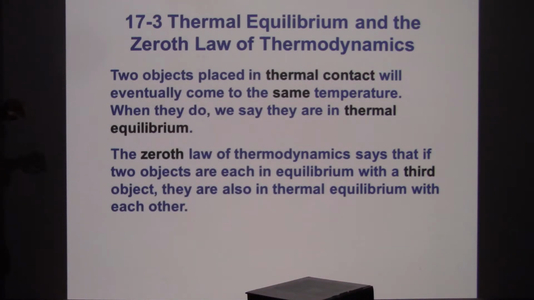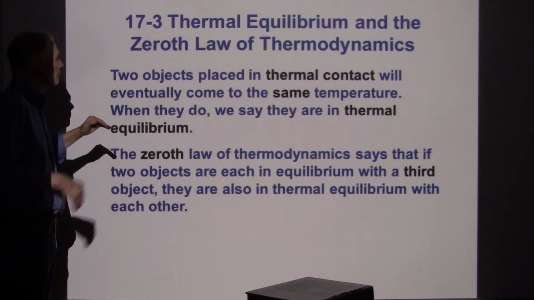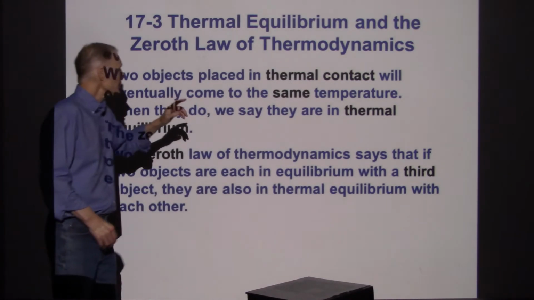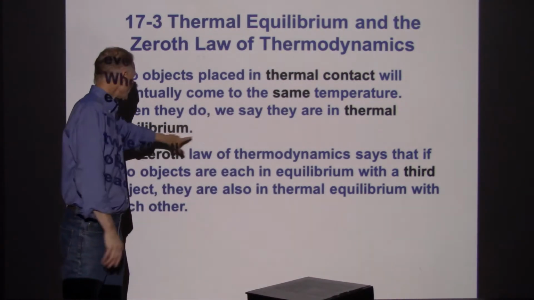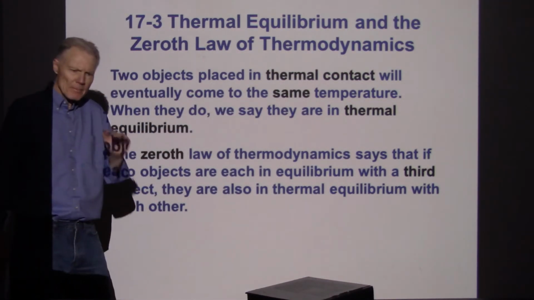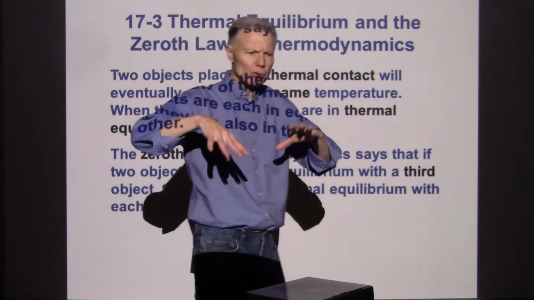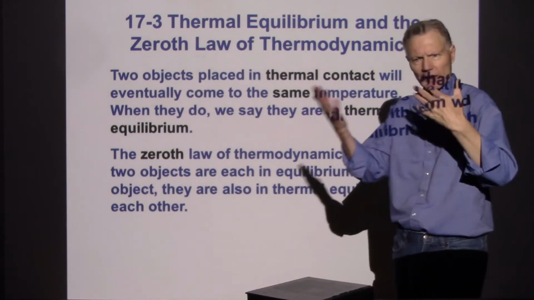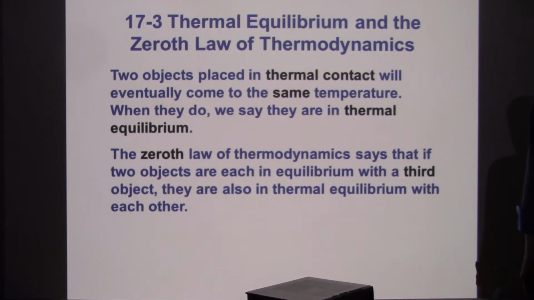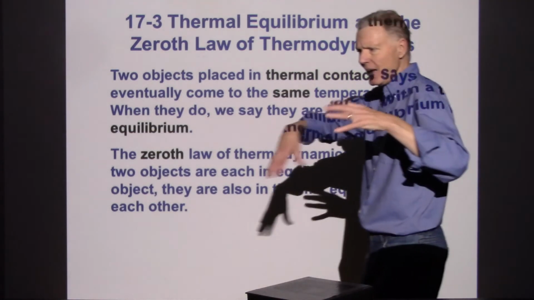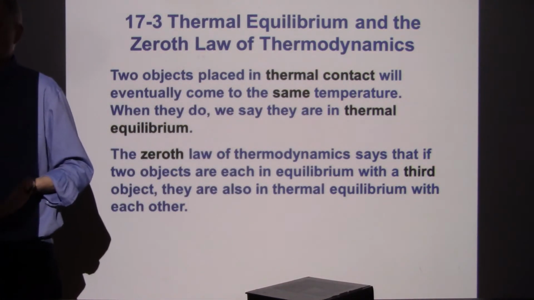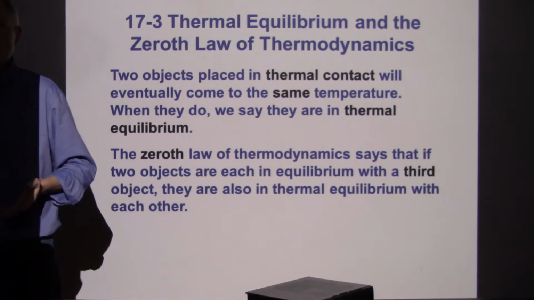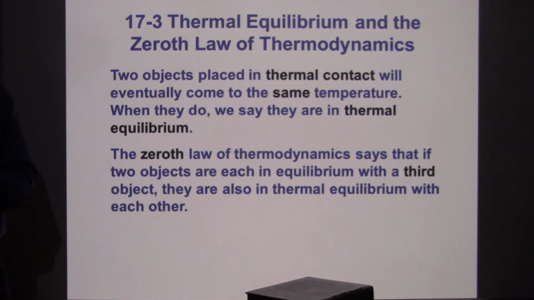Here is just a quick statement of what we find: there is this idea of thermal equilibrium, meaning that when I put a bunch of materials in contact with each other and allow the thermal energy to transfer back and forth, statistically what happens is that the energy distributes itself, not in a completely random fashion, but in the statistically most likely way.